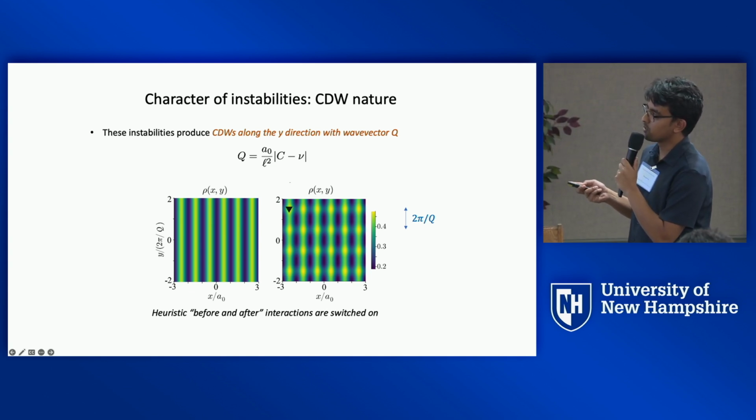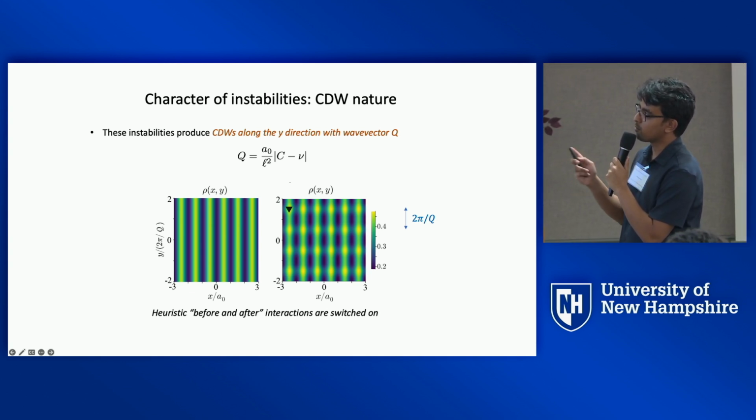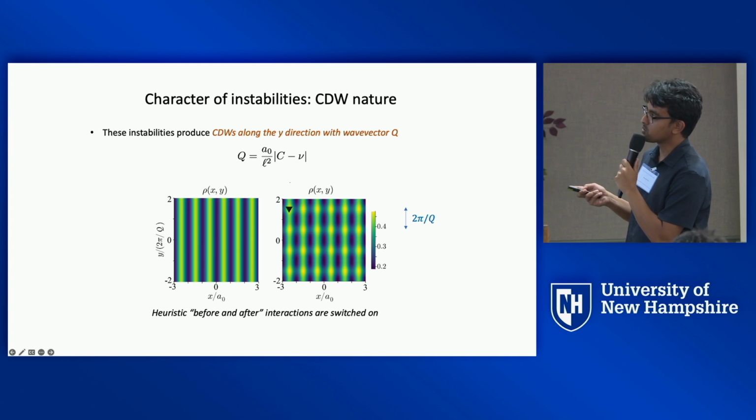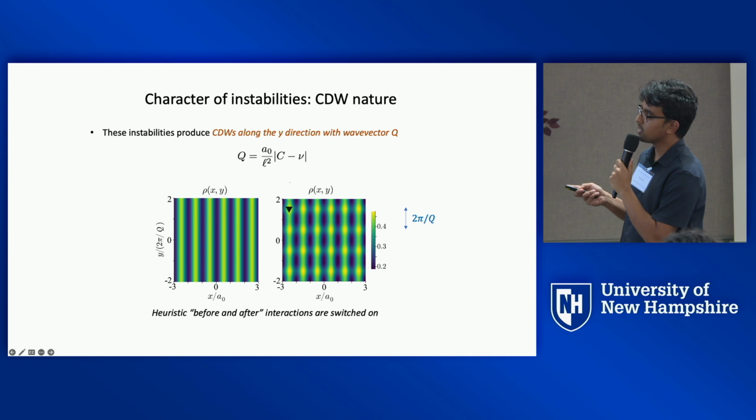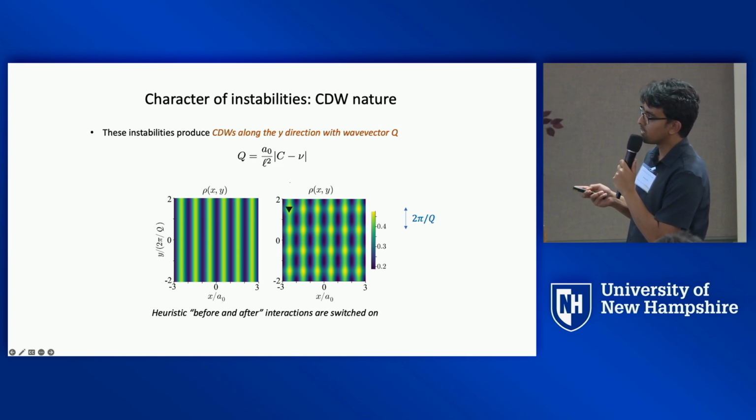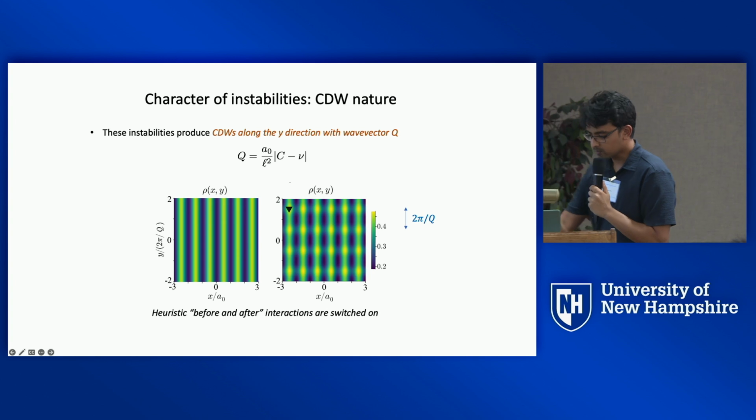This is a formula for the wave vector along y, which I probably won't have time to explain in detail, but you can see that it relates the Chern number, the magnetic field, which is 1 over L squared, the moire period, and the filling. So they all occur in this formula, and it's continuously varying.